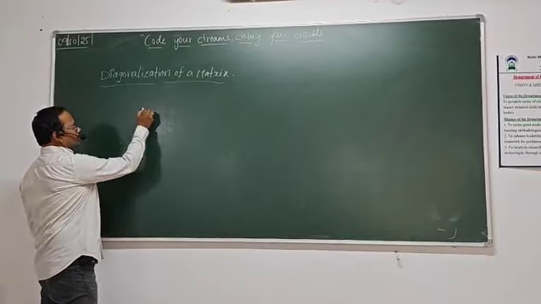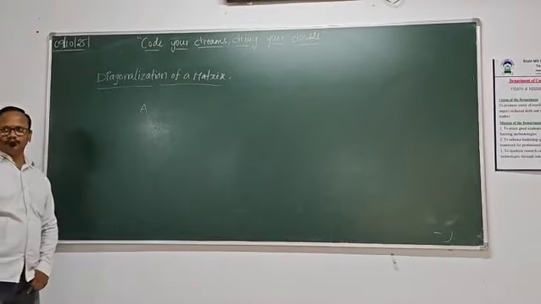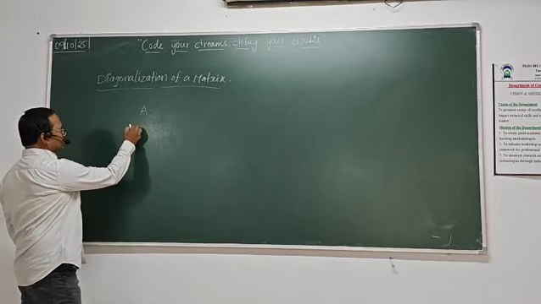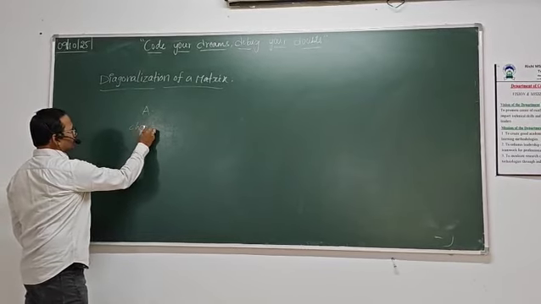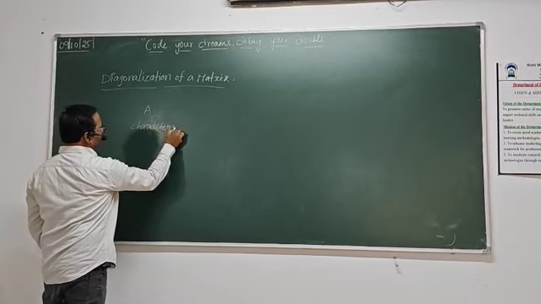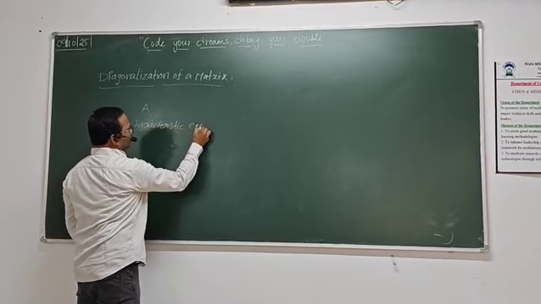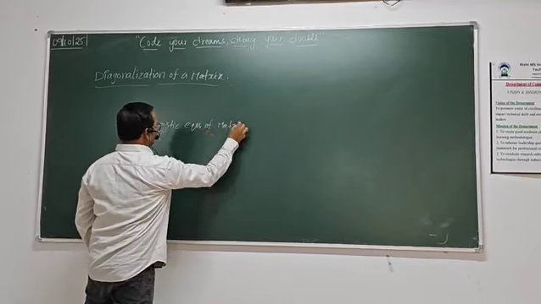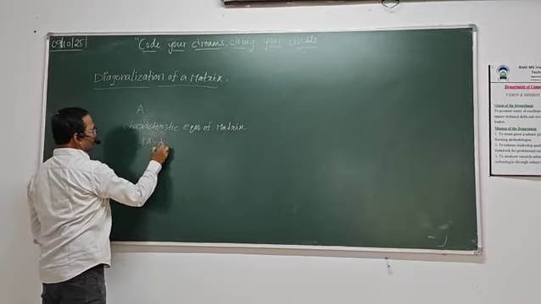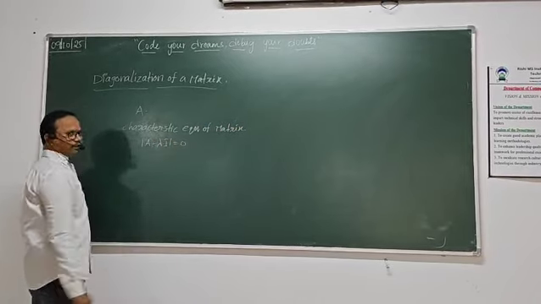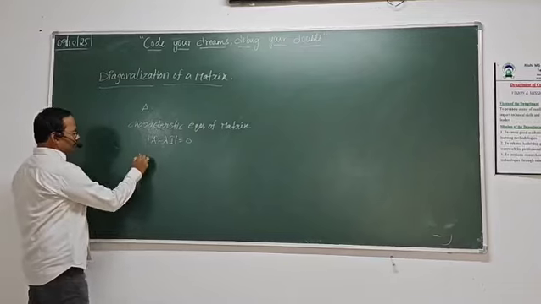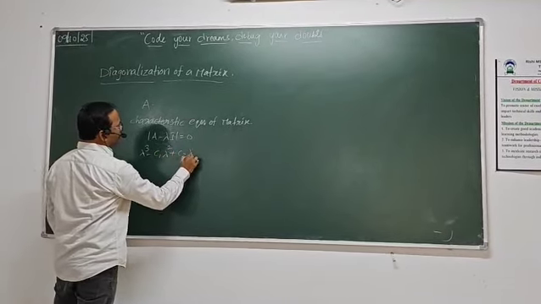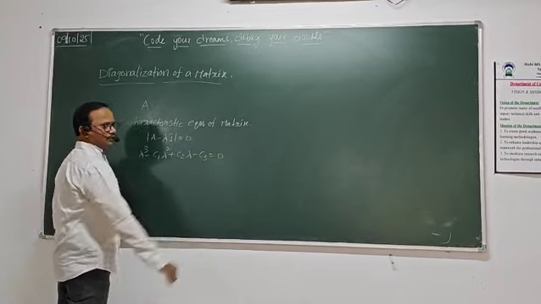First, if any square matrix A is given, write down the characteristic equation of that matrix. That is modulus of A minus lambda I equal to 0. For that we take lambda cube minus C1 lambda square plus C2 lambda minus C3 equal to 0.